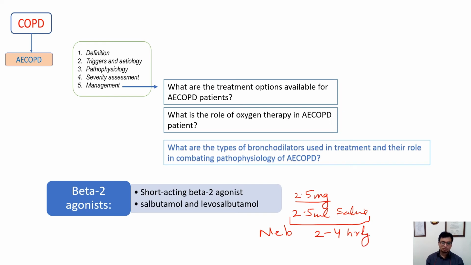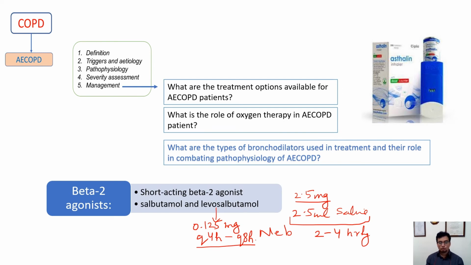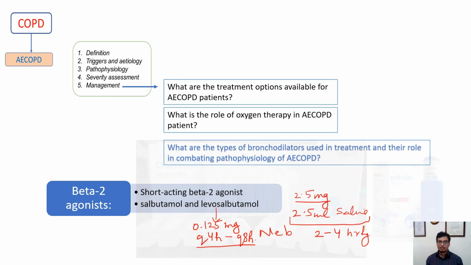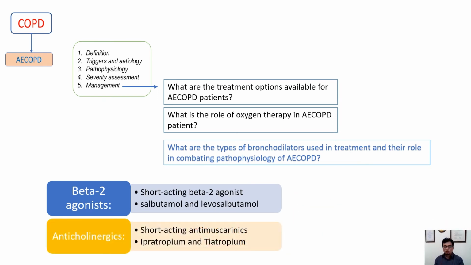For levosalbutamol, we need lower doses, 0.125 milligram every 4 hours, or even every 8 hours. Levosalbutamol is given less frequently, and the reported efficacy of MDI is as good as nebulizers, so there is no difference. A patient can be advised to take an MDI in place of nebulization.